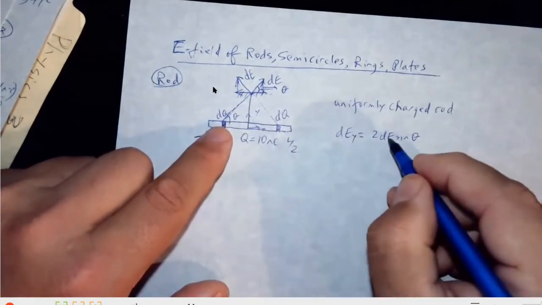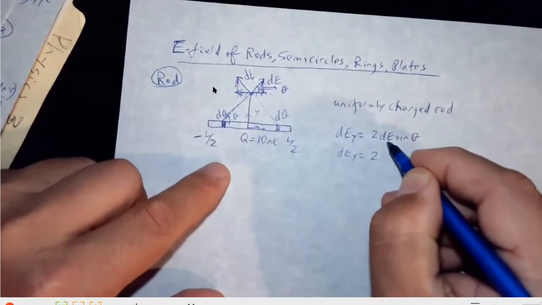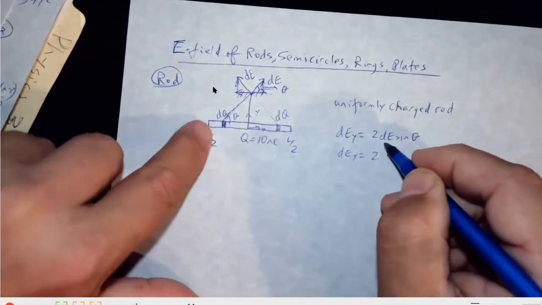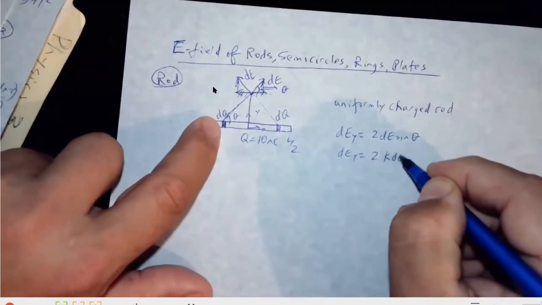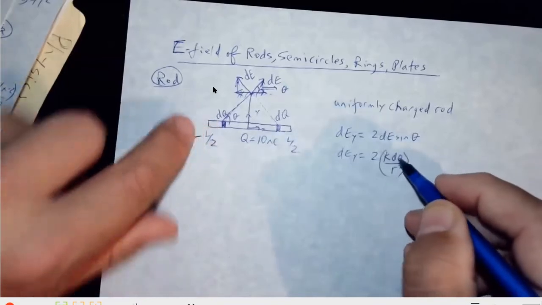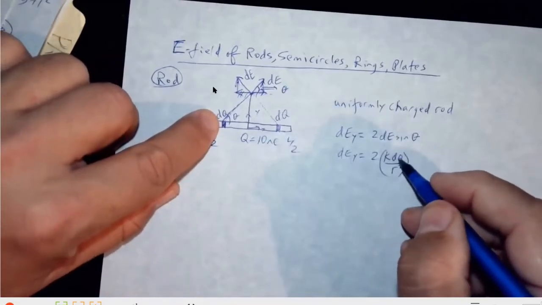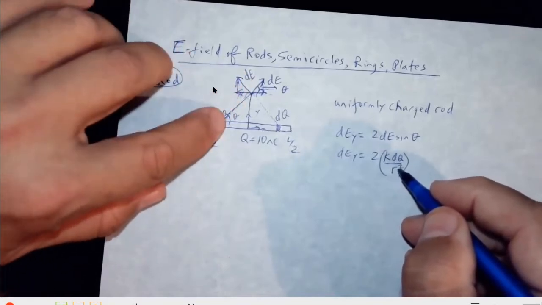So 2 dE sine theta, and I'm going to use the electric field created by a point charge, which is k dq over r squared. This is the charge of that dq, k dq over the distance from here to here, squared.